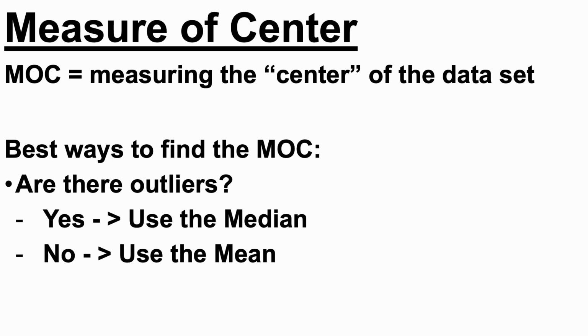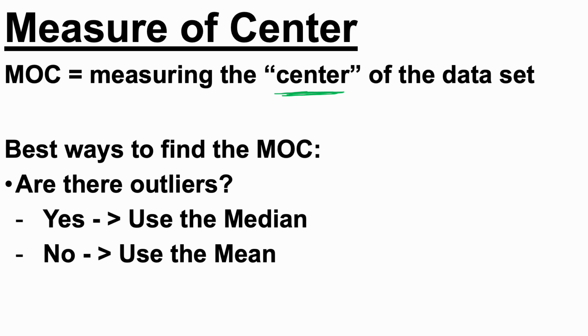There are two specific measures that we look at when we have a data set. The first one is the measure of center, or MOC. The measure of center literally measures the center of the data, and we use it when our data set could possibly have outliers.